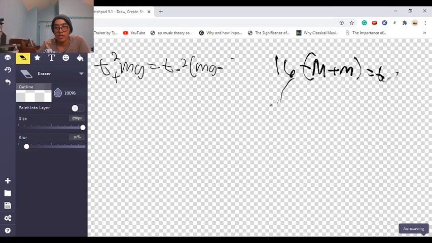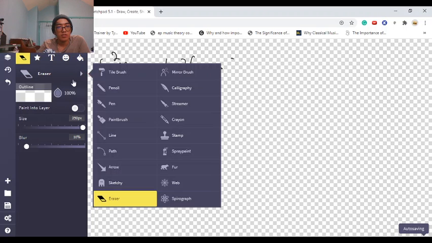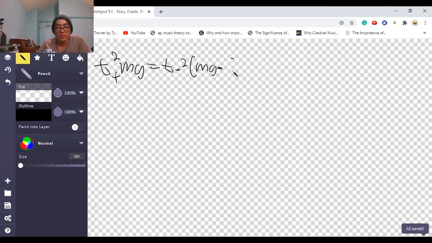Frictional force with this mg minus ukmg. There you go.